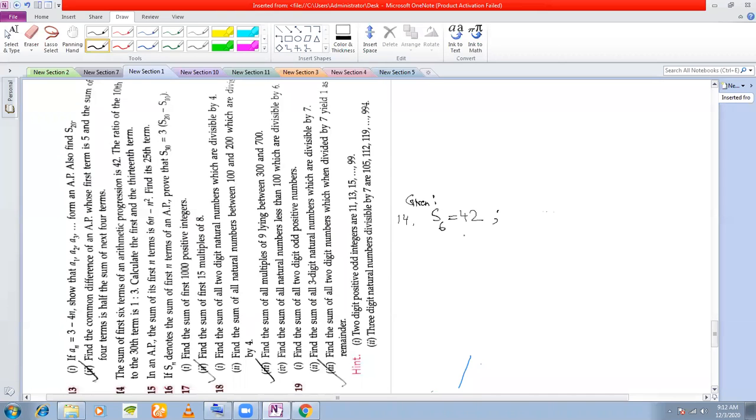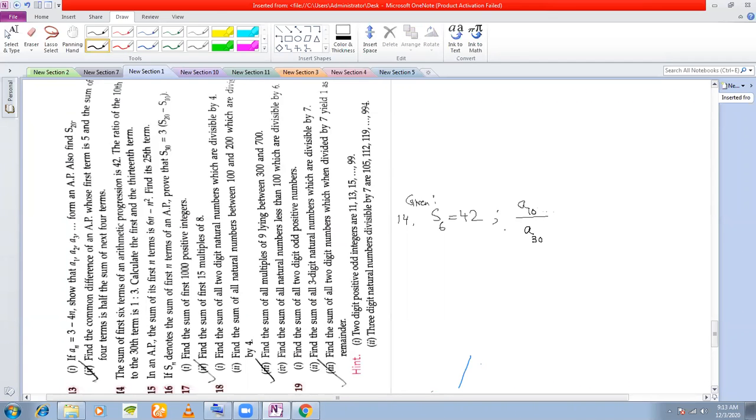Next, the ratio of the 10th term to the 30th term is 1 is to 3. The ratio of the 10th term, what is the 10th term? A10, and the 30th term is A30.